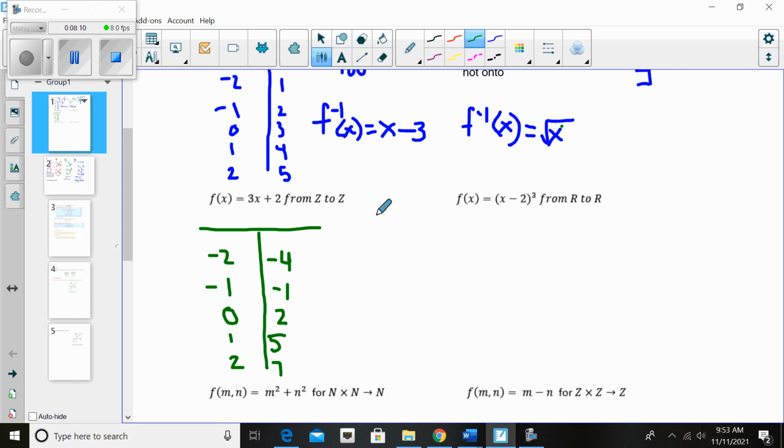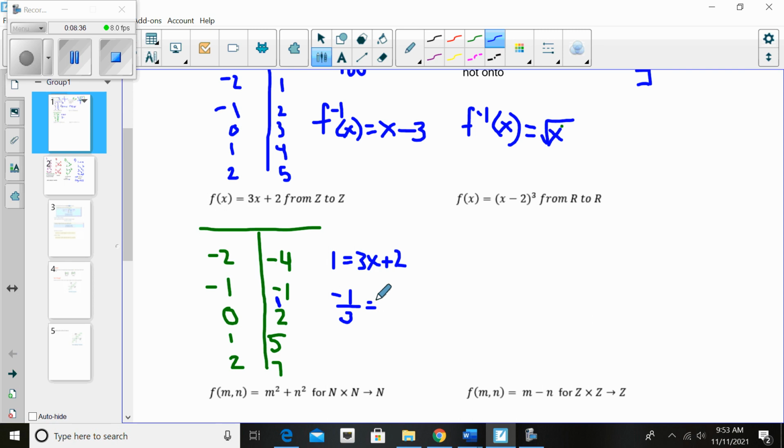And if I looked at this and said, okay, how could I get a 1 out? What would map to a 1? The problem is that the value that would map to a 1 would not be an integer. If I'm only inputting integers, notice if I solve for x, I'm going to get -1/3. That's not an integer.